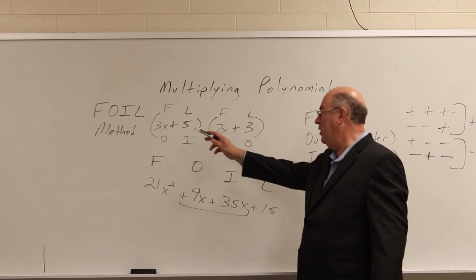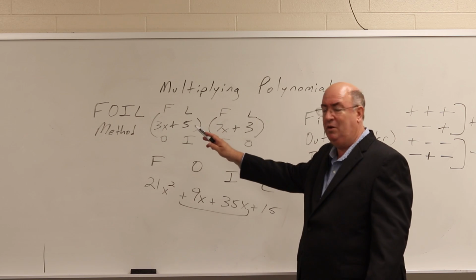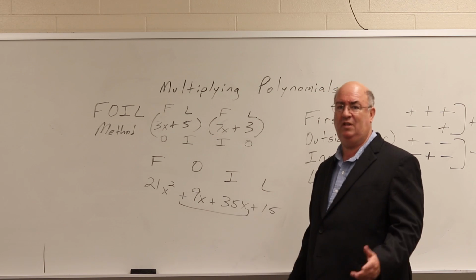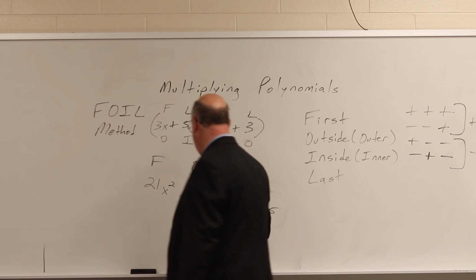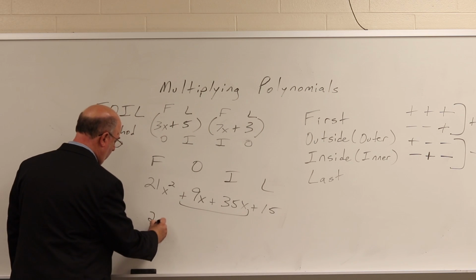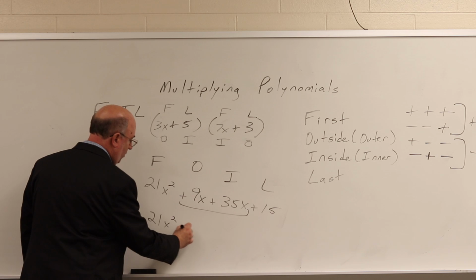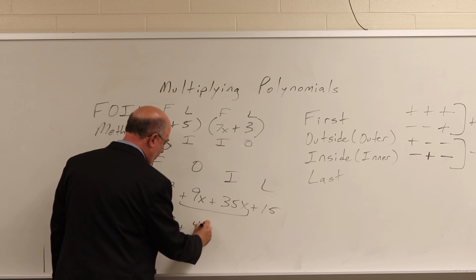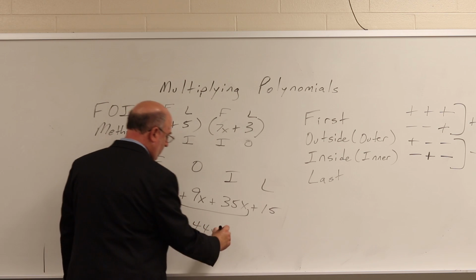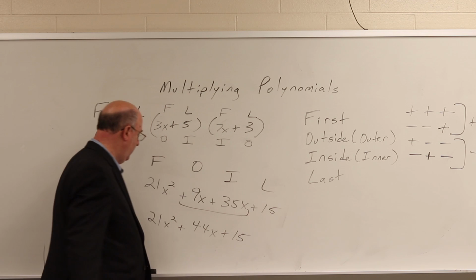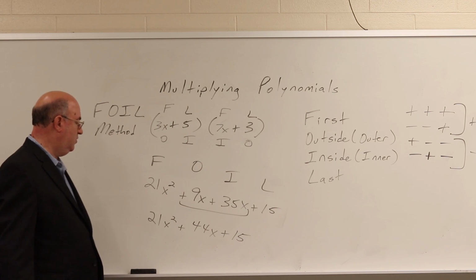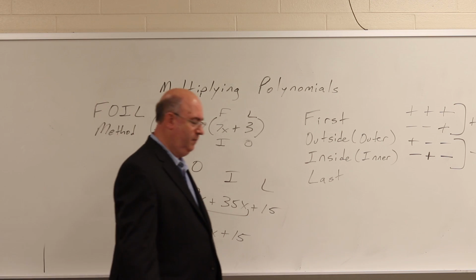If this was x squared, 3x squared over here, it would change things around and then we couldn't combine. But we can, so we will. Shorten it up a little bit. 9 and 35 is 44x and 15. 21x squared plus 44x plus 15.